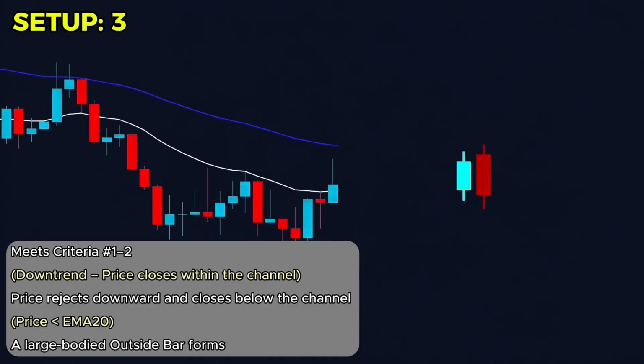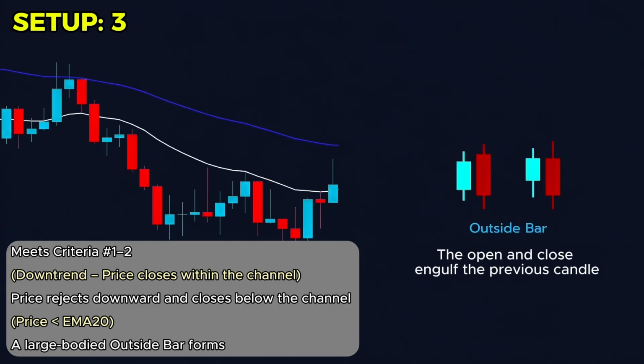For a downtrend, we use exactly the same idea in reverse. First, steps 1 and 2 must be satisfied. The market must be in a downtrend, with the price and EMA lines properly aligned, and the price must pull back and close inside the EMA channel. Then we wait for the price to reverse downward and close below the EMA 20 while forming a valid outside bar or bearish engulfing.